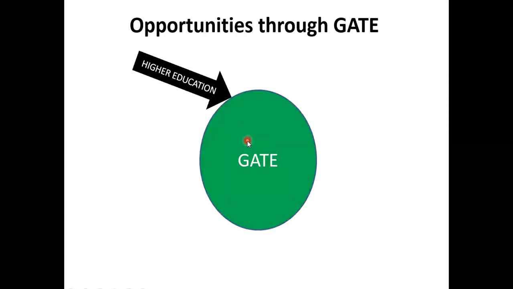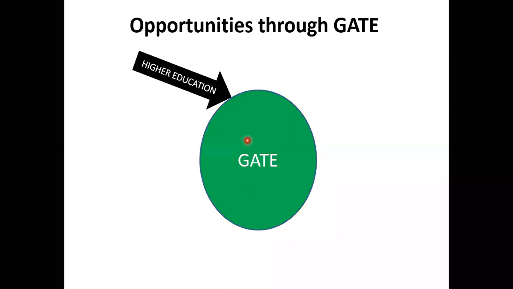Let's see what happened. So now, opportunities through the GATE. So why we need to write the GATE examination and what opportunities will be there based upon the GATE examination. So let us look at this point one by one. So the first one is higher education.